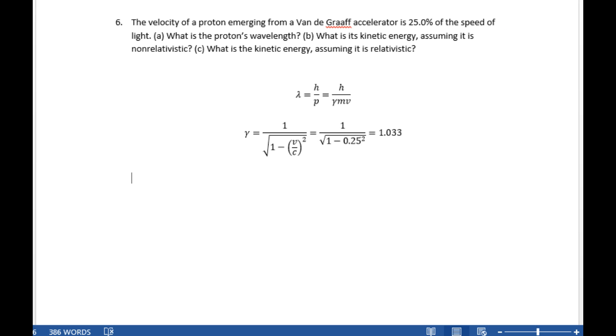So lambda then is 6.6626 times 10 to the minus 34 joule seconds, divided by this 1.033 times the mass of the proton.